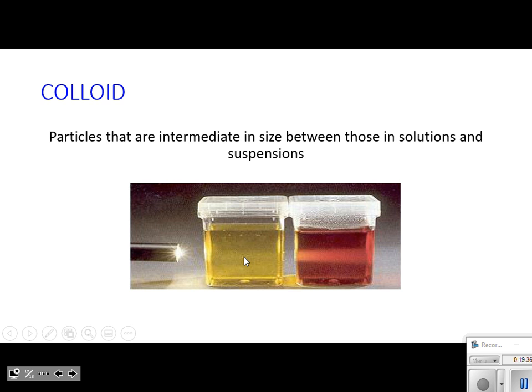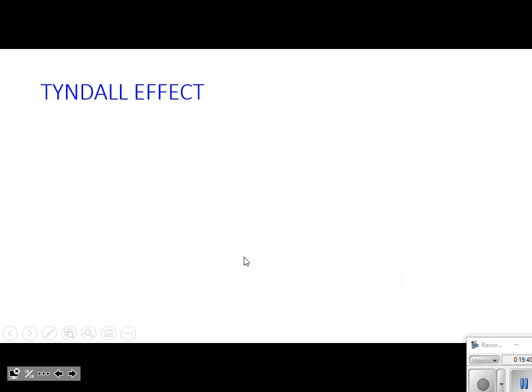The next slide right here is going to be a little bit easier to see. And this whole thing we're talking about is the Tyndall effect. Now, what is the Tyndall effect? It is the scattering of light. So you see that I've taken this laser pointer and put it through this liquid, and can you see the direct red line right there?